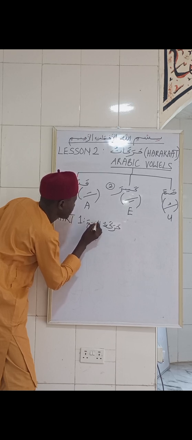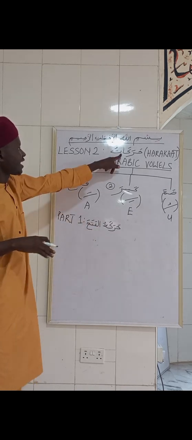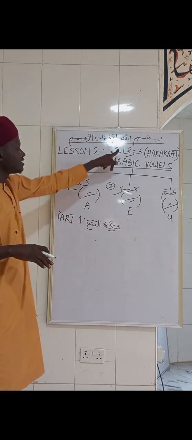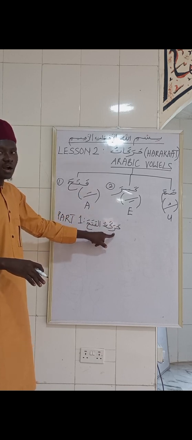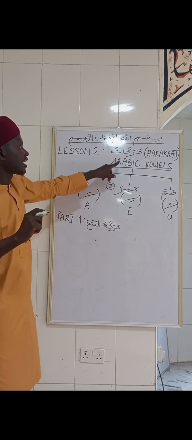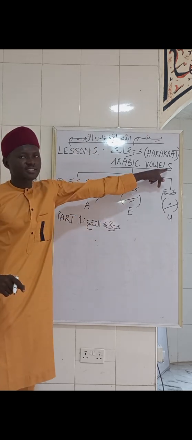So don't forget, here we say Harakaat. Harakaat is jam'u, that's a plural. Haraka is a singular form. Haraka is a vowel, Harakaat are vowels. That's why you see I put an S, vowels.